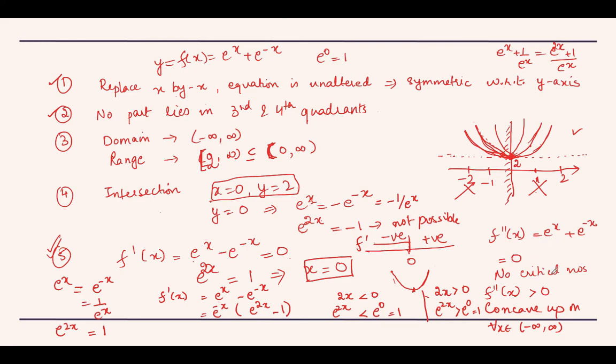So we have no critical numbers of second order, but since this value is always positive, the second derivative will always be positive, and therefore it is concave up for the entire real line. For all values of x, the function is going to be concave up.